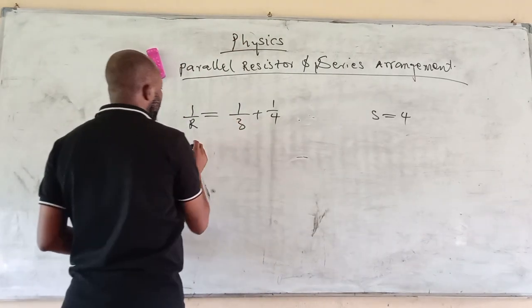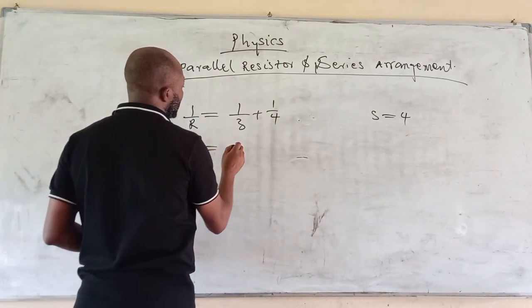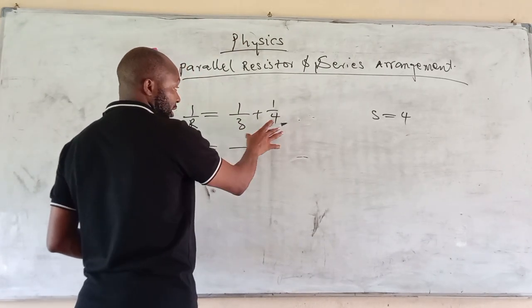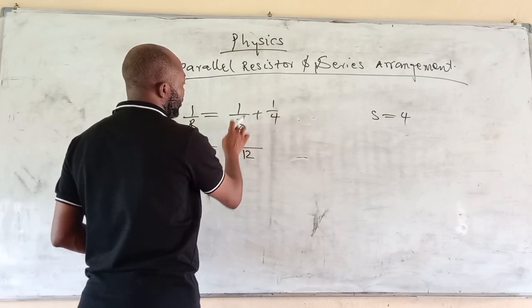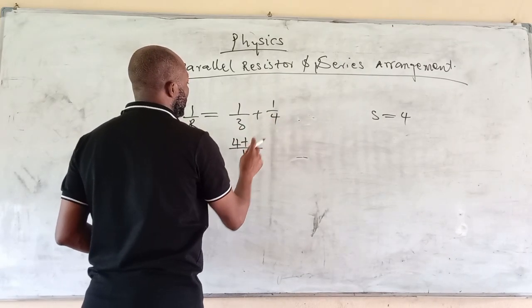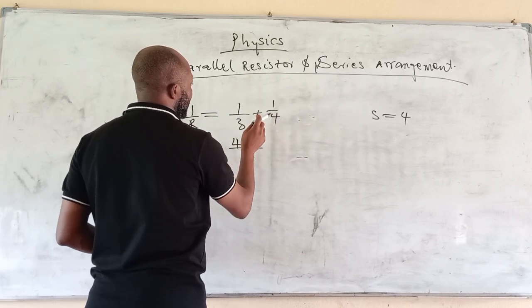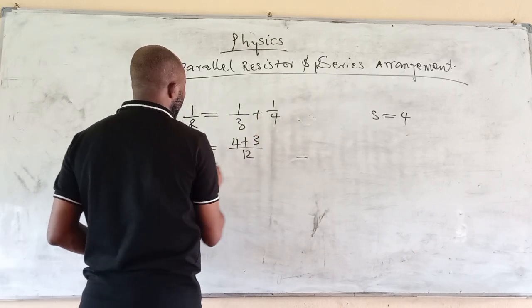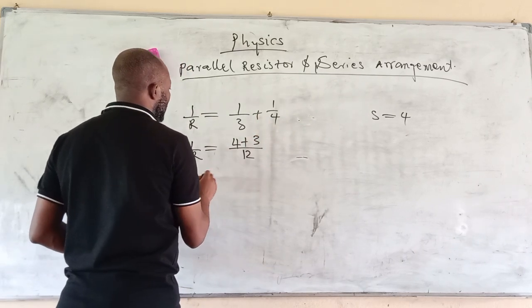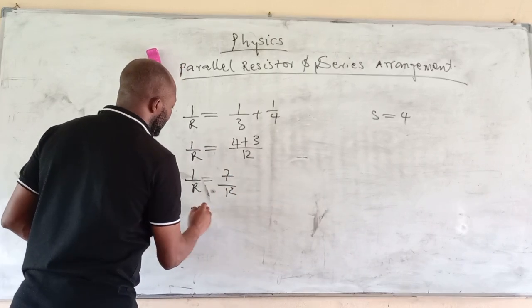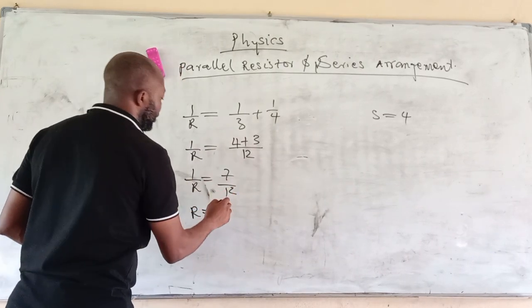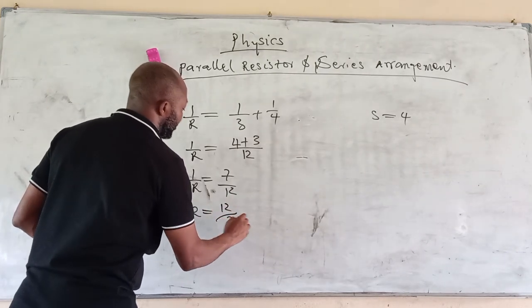The LCM of 3 and 4 is 12. 12 divided by 3 is 4, 4 times 1 is 4, plus 12 divided by 4 is 3, 3 times 1 is 3. So 1 over R is equal to 7 over 12. R, the inverse, is 12 over 7.